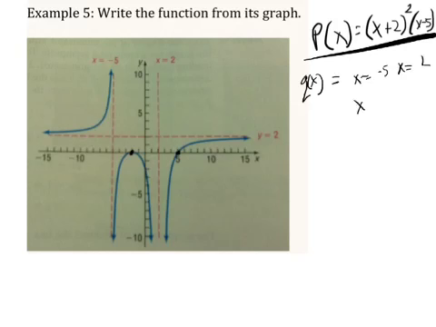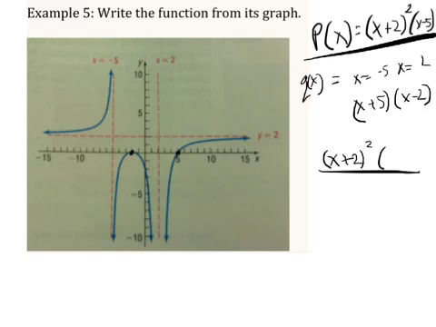So then we'll have factors of x plus 5 and x minus 2. So then the question is, well, I have a horizontal asymptote. So what that's telling me is that when I write this function, I've got to have x plus 2 squared and x minus 5 on top, and the power of that is 3.